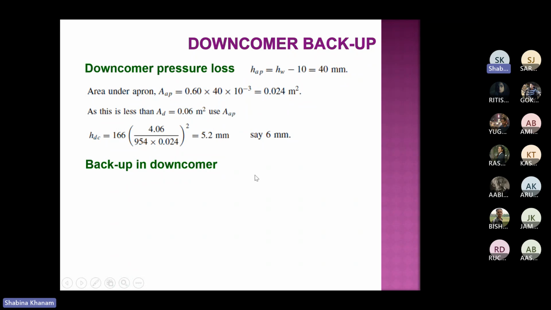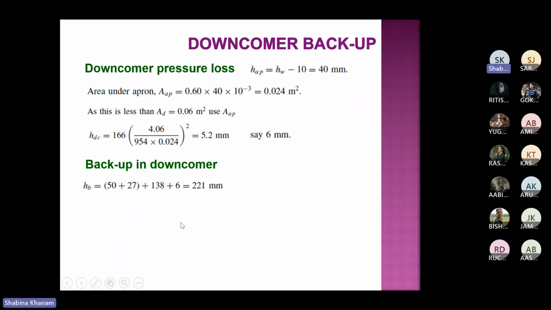Otherwise we can take this value also, and backup in downcomer, that is HB, height of liquid and froth, that we need to find out. So for that we have to consider HOW plus plate frictional loss plus 6. Okay.